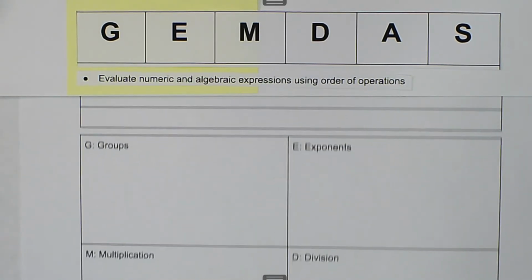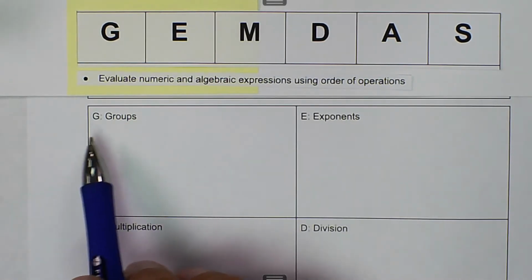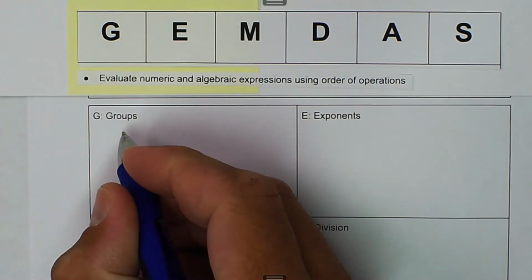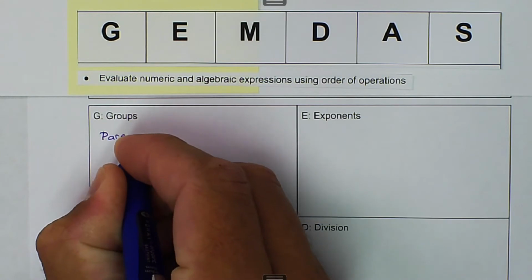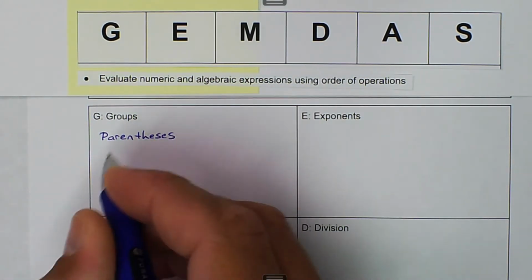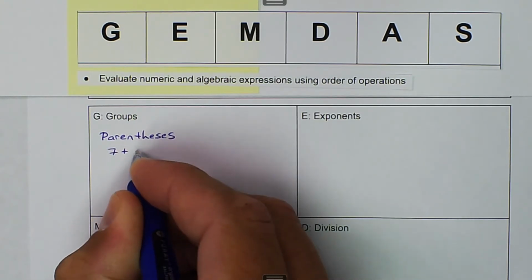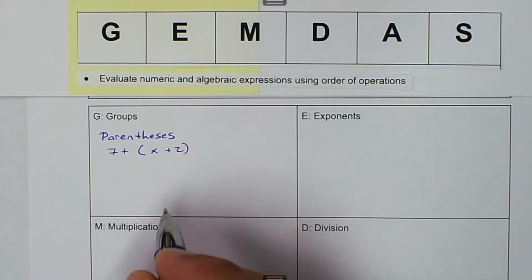So we talked about how this used to be PEMDAS, and the P stood for parentheses. And parentheses is still included in groups. So we can still have something where it says 7 plus x plus 2.